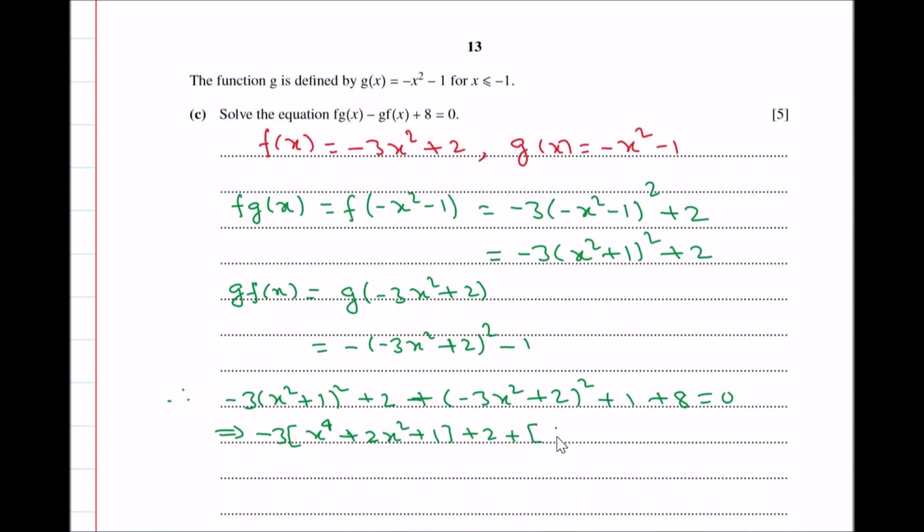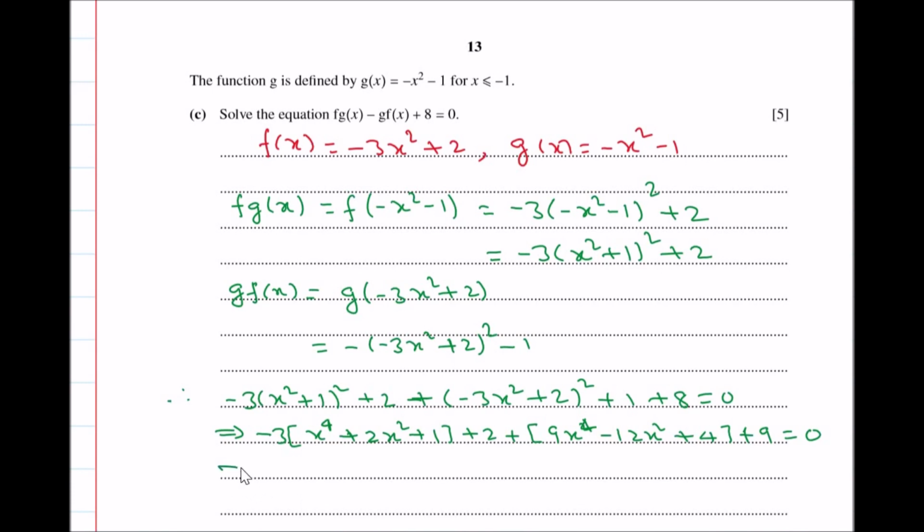If you are squaring, we get 9x power 4 minus 12x square plus 4 plus 9. 8 plus 1, 9. That is equal to 0.